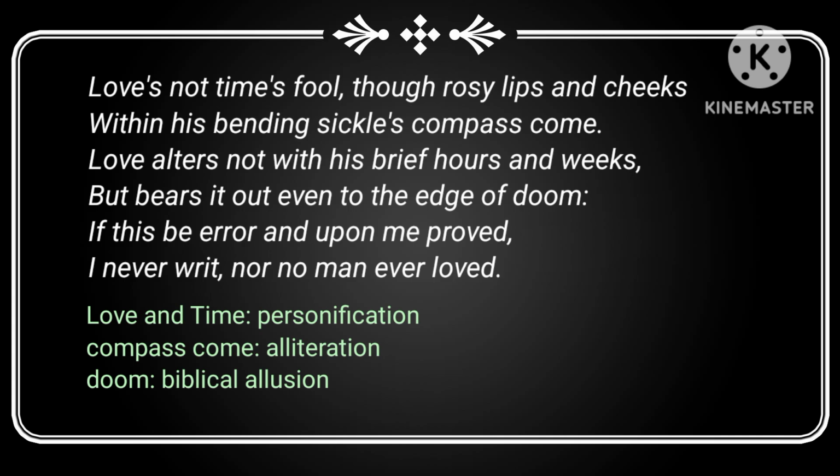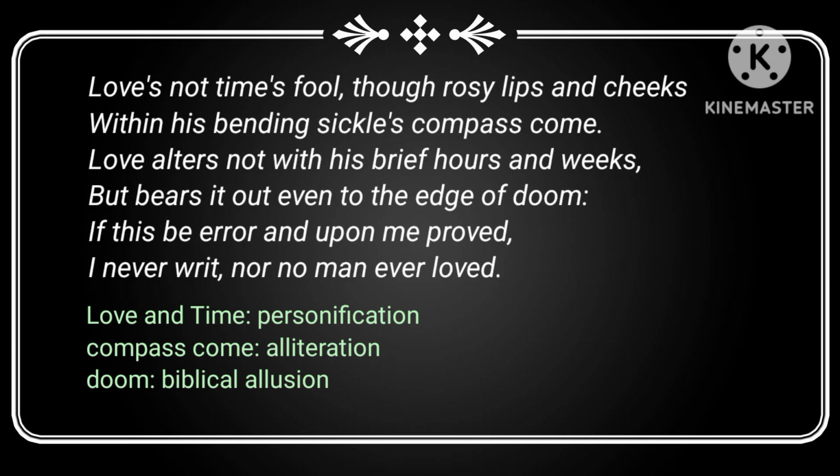Then we come to the final couplet of the sonnet. Now what is a couplet? A couplet is a pair of rhyming lines. It is used in a sonnet to give a sense of finality, a sign of completeness.